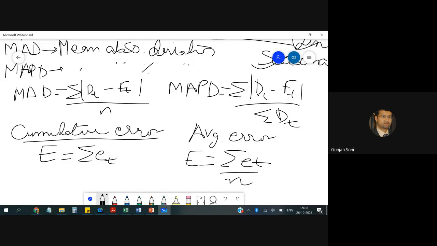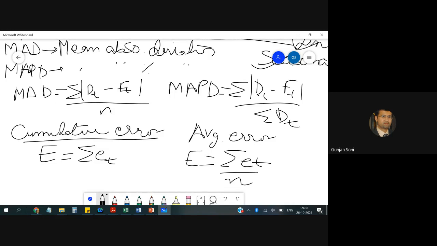So your overall error may be lower than what it actually is, because sometimes your forecast can be higher, sometimes lower than your actual demand. So the cumulative error and the average error may be lesser than what the error actually is. So that's why it is always advised to consider the absolute values.